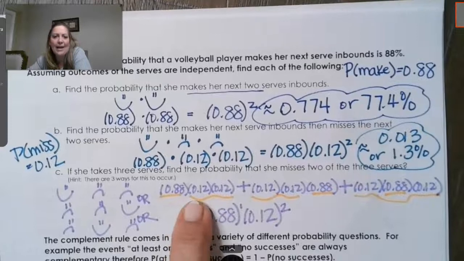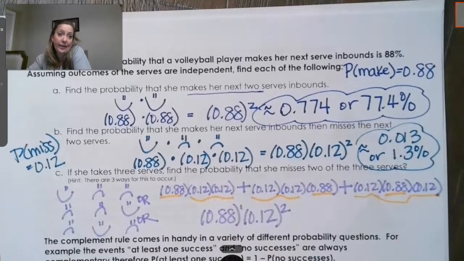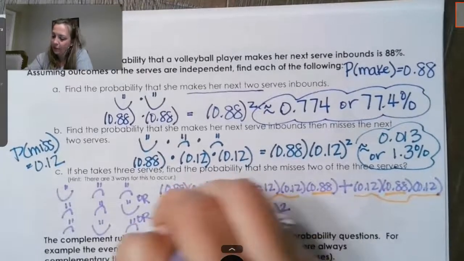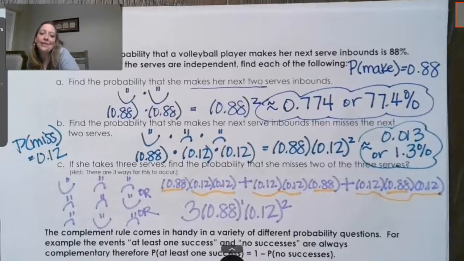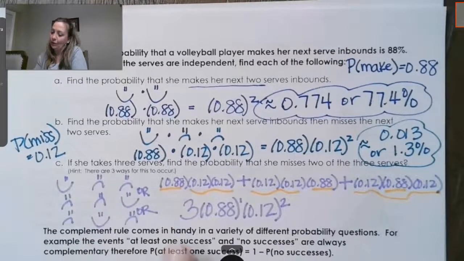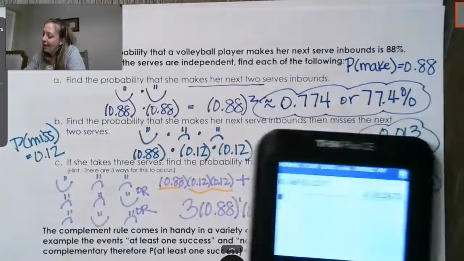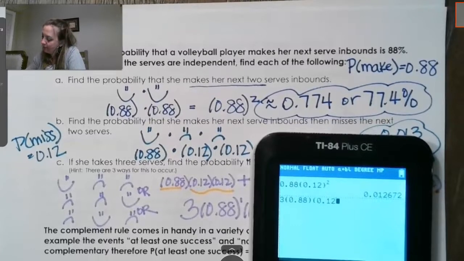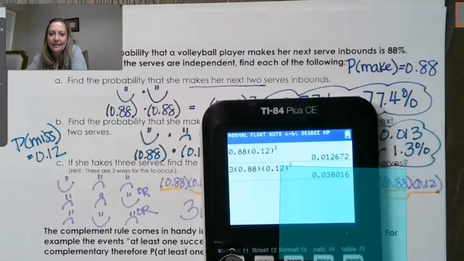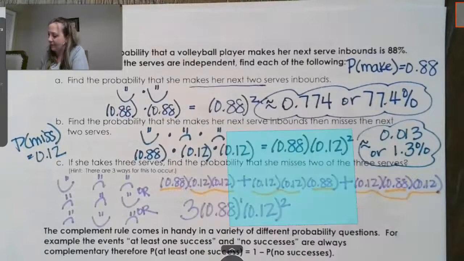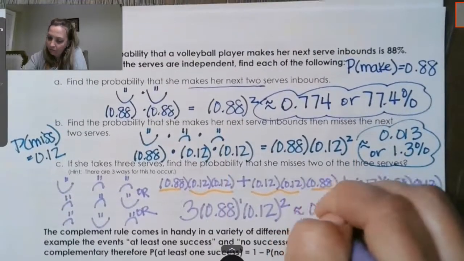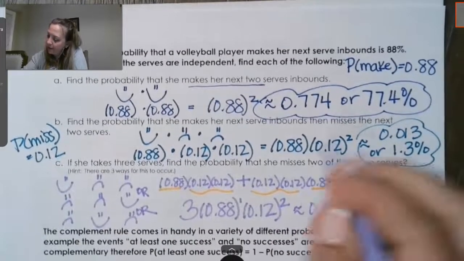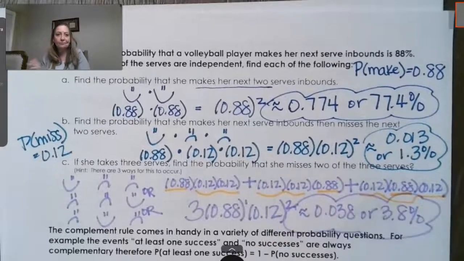And think about it: what if you had x plus x plus x? Doesn't that give you 3x? So if we have this plus this plus this, that gives us 3 of those, since there are 3 ways for that to occur. And so then we could just say 3 times 0.88 times 0.12 squared, and that gives us 0.038-ish, or about 3.8%.